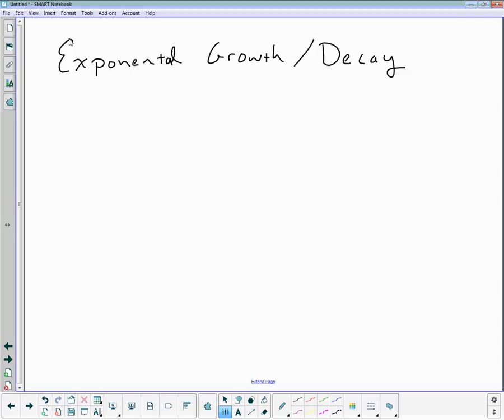So if you're thinking about things in a differential equation sort of way, that lends itself to saying that the rate of growth is proportional to the amount of stuff that's there. Okay.